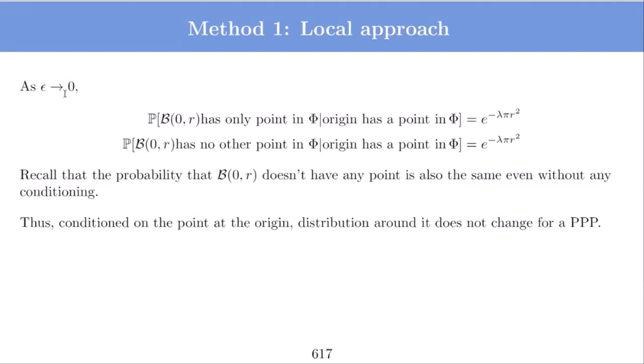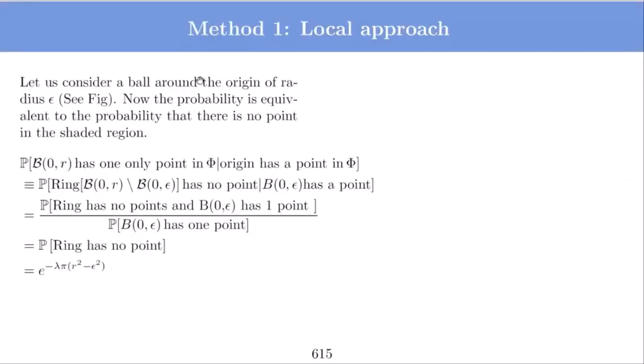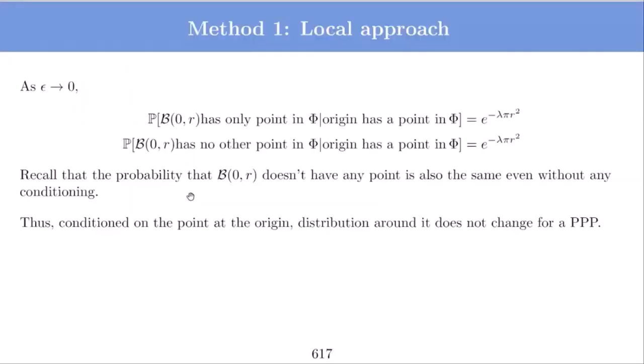So that you get the Palm probability conditioned on there is a point specifically at origin. So once you take epsilon goes to 0, this will just become e to power minus lambda pi r square. So probability that ball 0 comma r has only one point, conditioned on origin has one point, is this, right? Or in other words, you can say the ball has no other point. Okay.